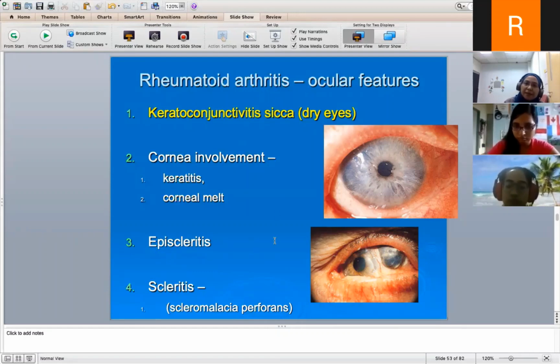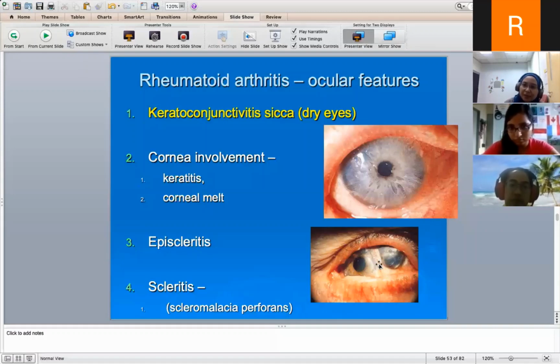Now, episcleritis means it's on top of the sclera, so you get an injected episclera area. Scleritis, again, is the whitish coating of the eye, so you get inflammation everywhere. The cornea is inflamed, or even your sclera is also inflamed. So this is the patient's eye. This is what can happen, particularly for a rheumatoid patient. They can have melting, not only on the cornea, but also on the sclera.